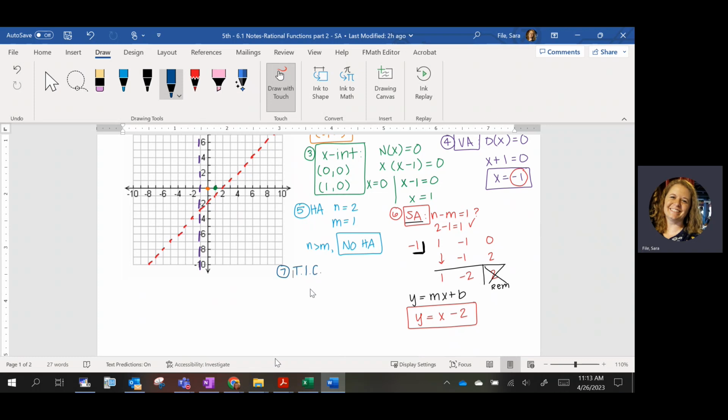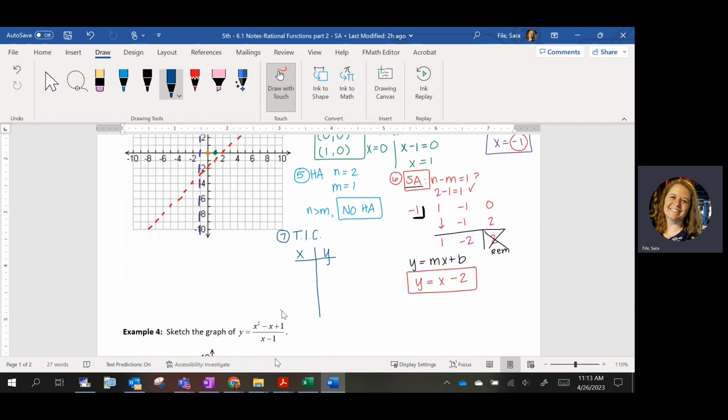You can make it more detailed, but I'm going to try and keep it simple and just do an XY table instead of a big chart. Okay, and you are just going to pick X values to check. Okay, and then we'll find out what their Y is, and then those will be additional points for us to plot to help us sketch our curve.